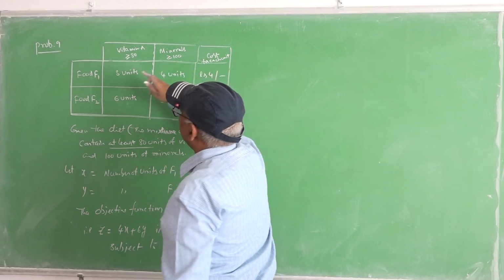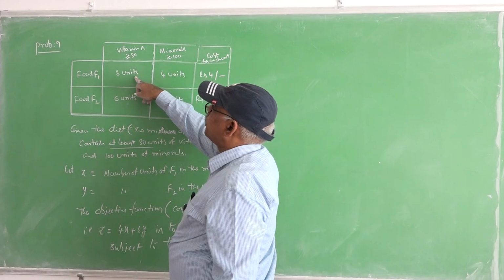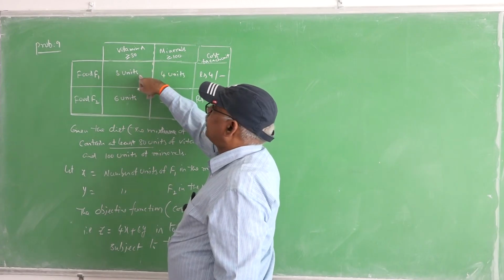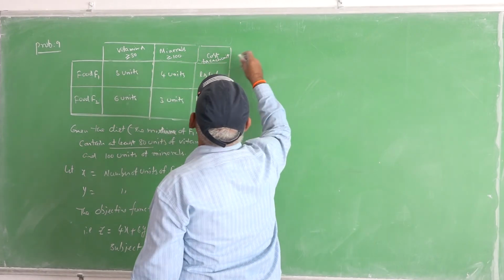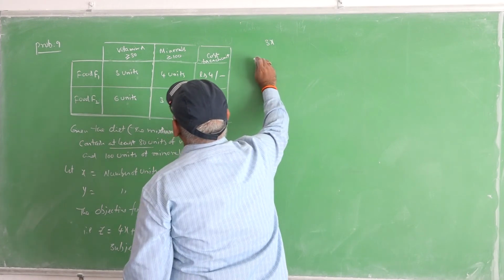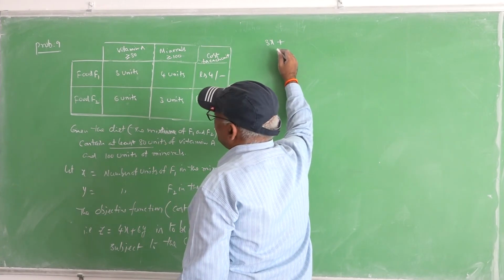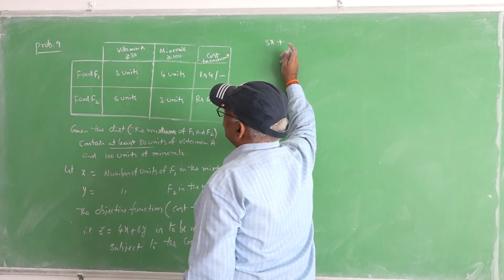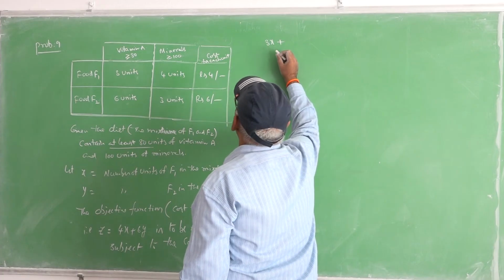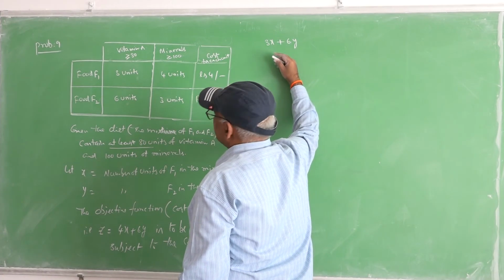Vitamins: for each unit of F1, 3 units of vitamins must be considered. So for x units of food F1, 3x units of vitamins are considered, and similarly for each unit of F2, 6 units of vitamins are considered. So 6y units of vitamins are considered.